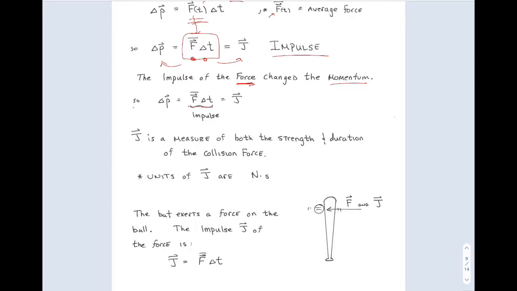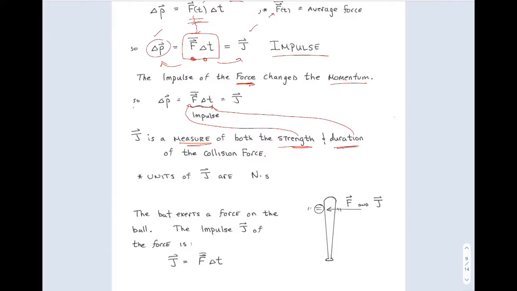It's a composite of two things: a measure of both the strength of the force, how big the force is, and the duration, which is the time. Again, why have two different words?